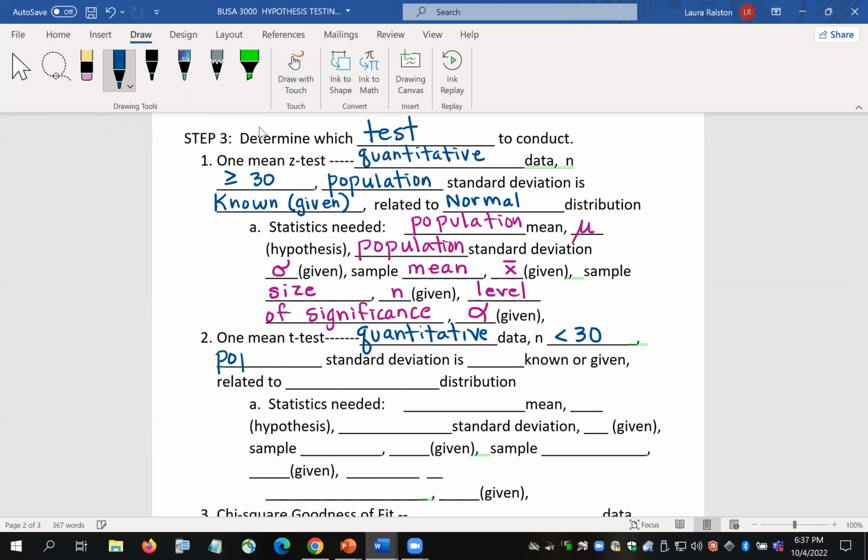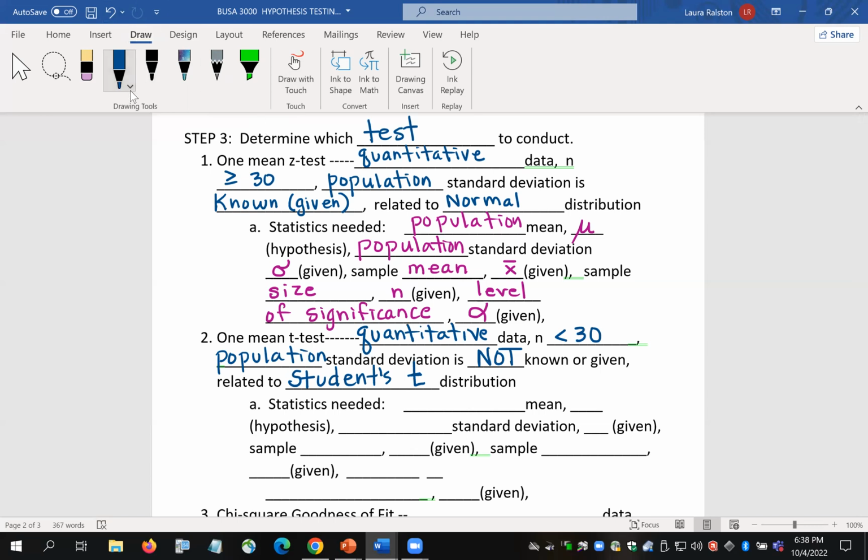The population standard deviation is not known or given in the problem. And the one mean t-test is related to the student's t-distribution, which we talked about last week when we talked about the t confidence interval.